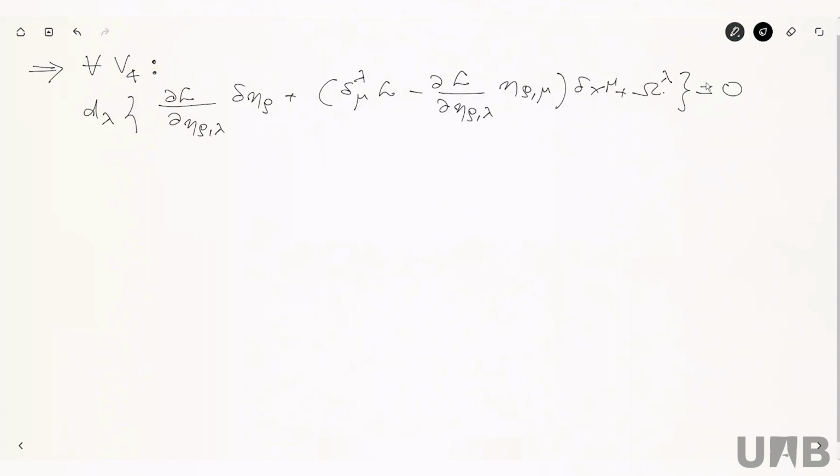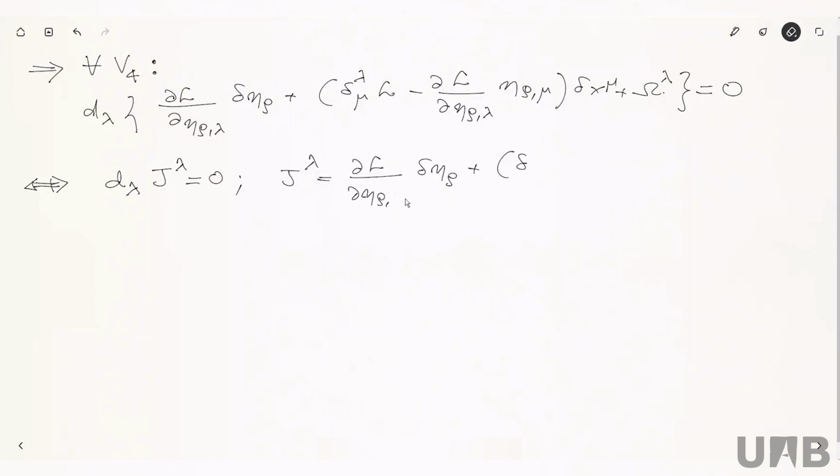So this now has become conservation, right? Because it says that d lambda j lambda equals 0, where j lambda is this whole thing in curly brackets, right? That I'm going to write again for its glory. Okay, so delta eta rho plus delta, sorry. I have to be consistent with the name of the index.